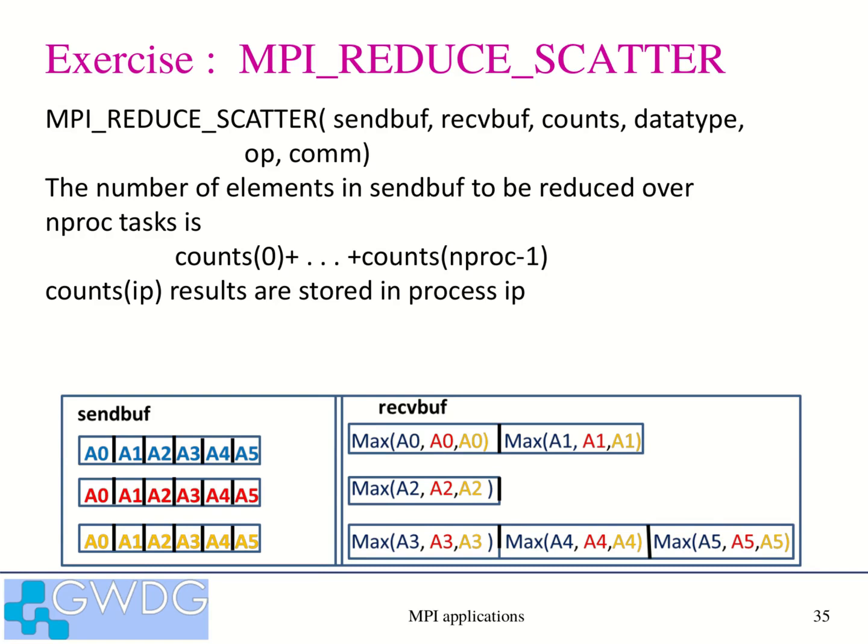You have to include into the reduce scatter function not only the send buffer of the elements to be reduced, but also the counts, how many of the result elements should be placed on the various processes.